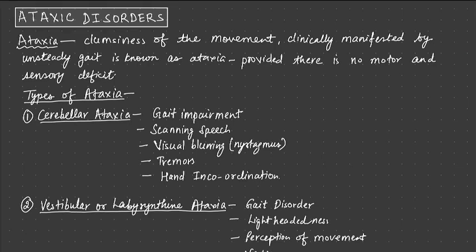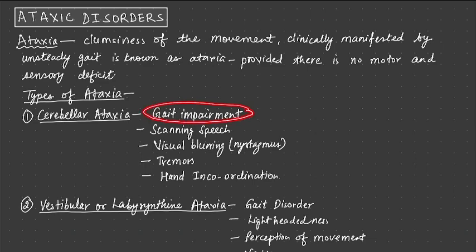What are the clinical features of cerebellar ataxia? First is the gait impairment, which is called ataxia. What kind of gait? There will be reeling gait. There will be scanning speech because there will be loss of coordination of the muscles of speech, that is the pharyngeal muscles and laryngeal muscles.